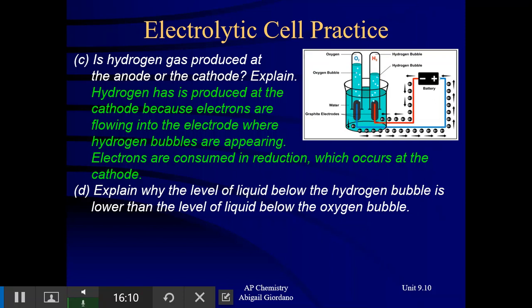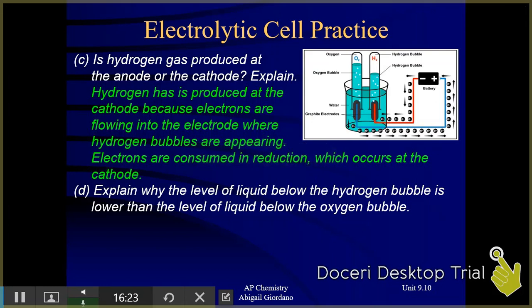And then the last part of this free response question says, explain why the level of liquid below the hydrogen bubble is lower than the level of liquid below the oxygen bubble. Before I pull up the answer, let me just refresh your memory on what our final balanced reaction looked like.